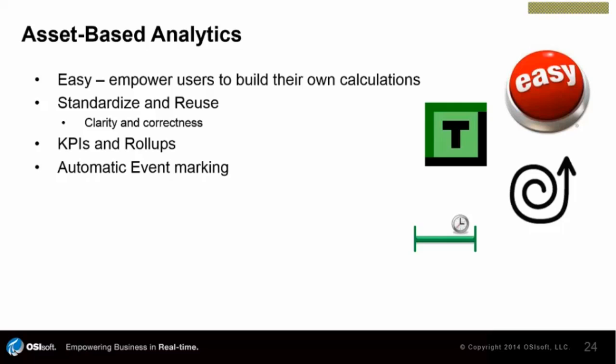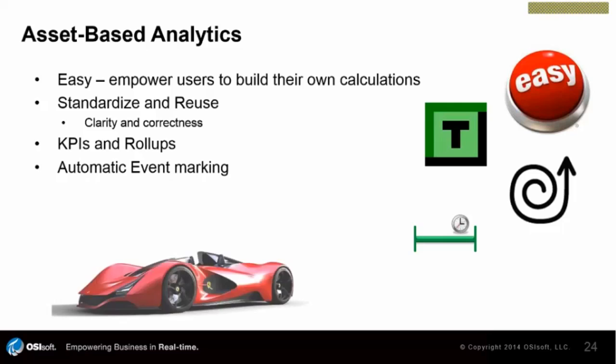So an event could be, for example, the startup of a big compressor, or maybe it is a shutdown event, or maybe it's a downtime event. So we put some features into the new analytics engines to allow you to mark these important events in your data and to retrieve this data based on specific events.